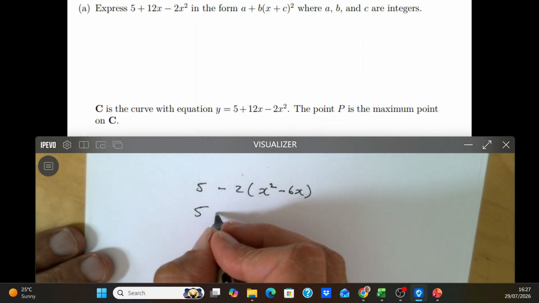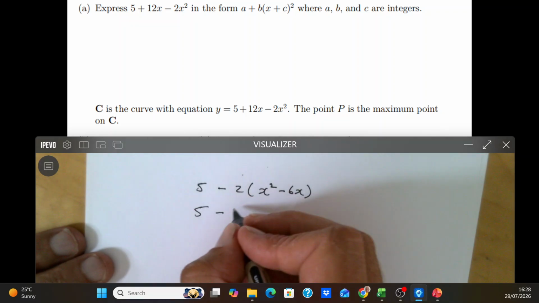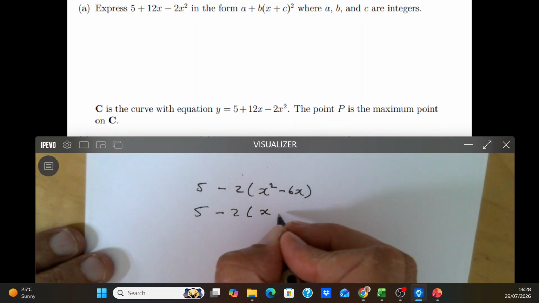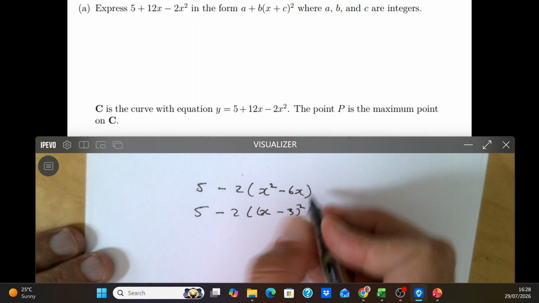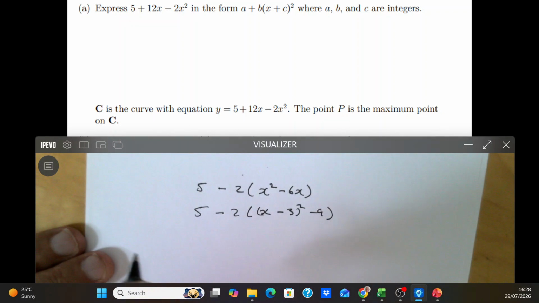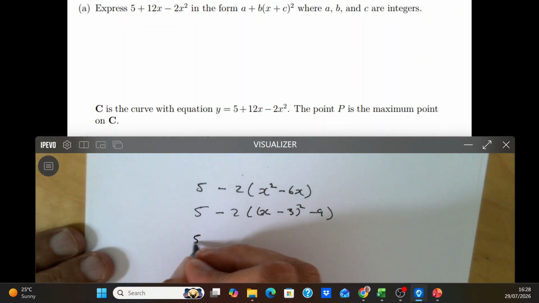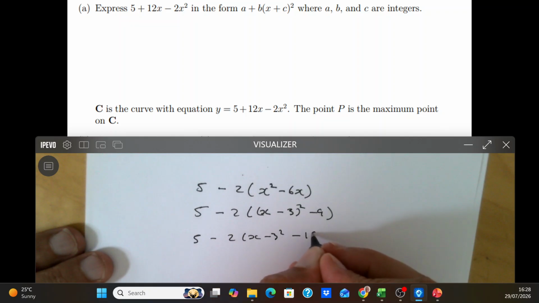What do we do next? Complete the square. Three squared is 9, so we need to take that off. What do we do now? Correct. Should that be negative?